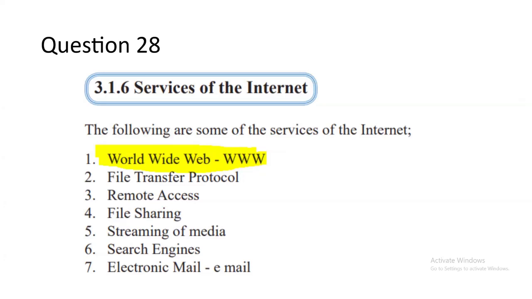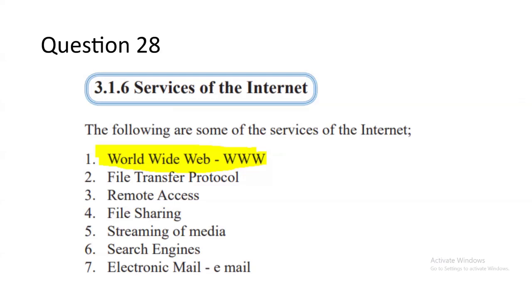So services of the internet, right? These are a few services. World Wide Web, that's the most important thing, where hyperlinked web content is provided. And file transfer protocol for, as I earlier told, file transfers. Remote access to a computer, usually used in our industry also for installing software on another machine. And file sharing, streaming of media like YouTube, right?